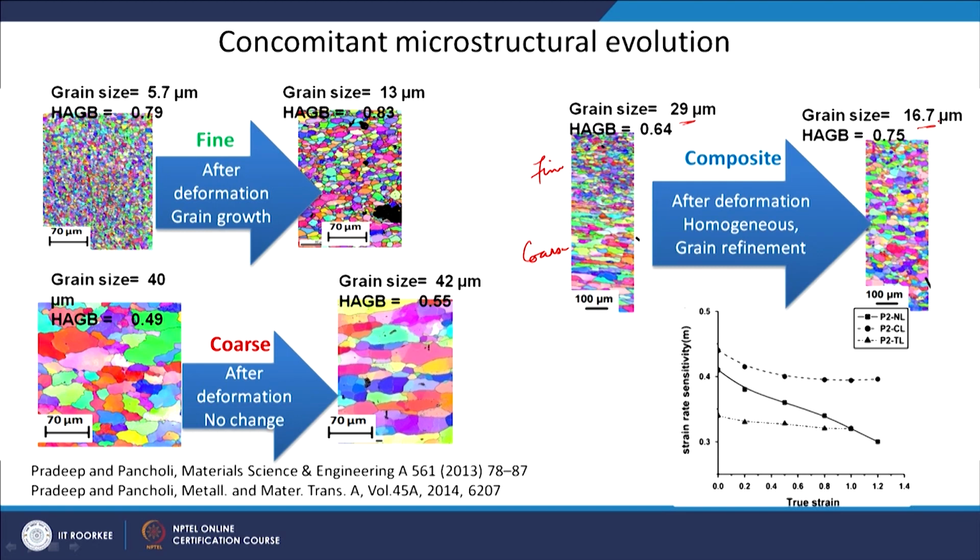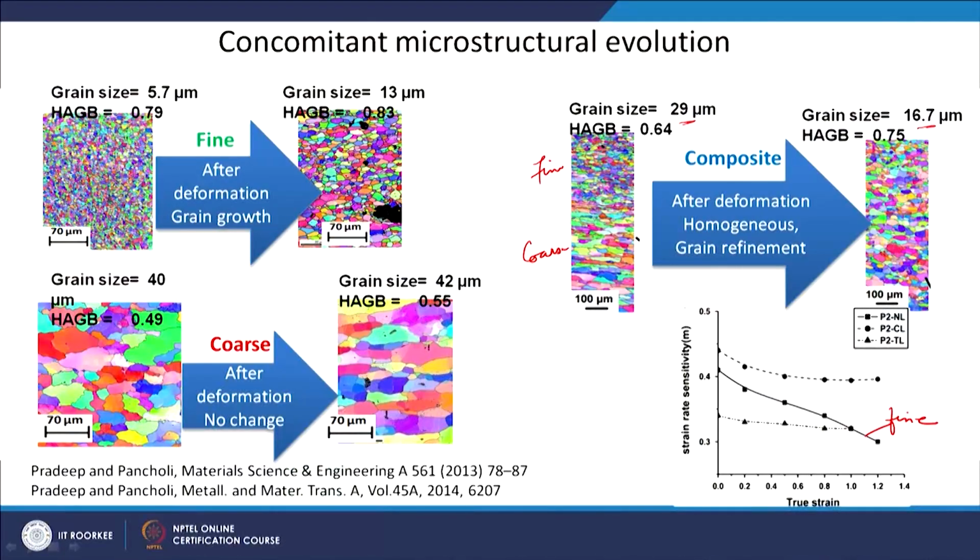The very important effect of this microstructural change you can see on the strain rate sensitivity. Okay. So, if you plot strain rate sensitivity as a function of true strain, okay, that means after different deformation stages, what is the strain rate sensitivity? The strain rate sensitivity of the fine grain, this is my fine grain layer, okay, though it is initially very high, more than 0.4, it is continuously coming down with the deformation process, and that is due to coarsening of the microstructure.